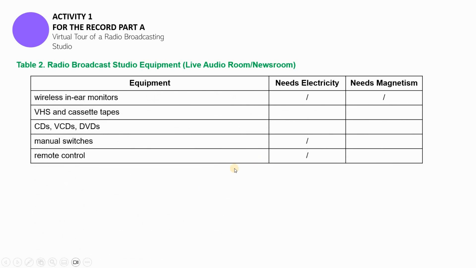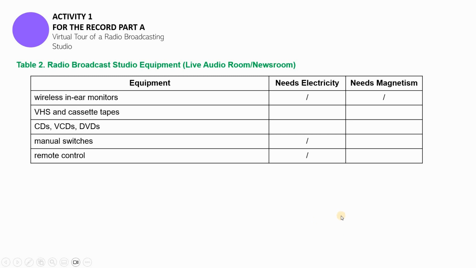And then for the next set, there are also wireless in-ear monitors, and I don't think that VHSs and cassette tapes have electricity and magnetism innate in them, as well as CDs, VCDs, and DVDs. There are also manual switches, and then there is a remote control.